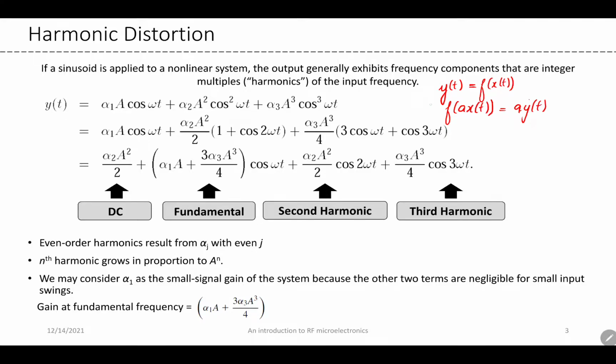The system must follow scaling. If I scale the input, the output should scale by the same amount.